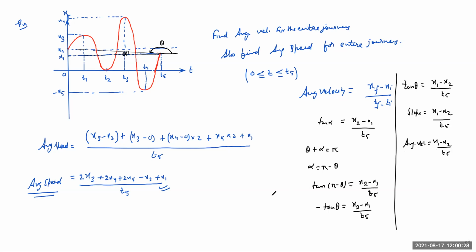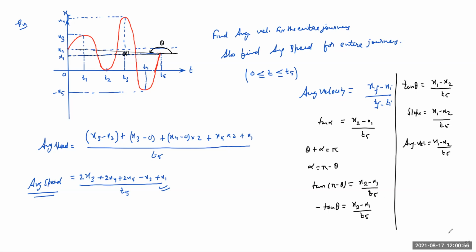So even graphically it's coming the same, but the graph is not required. Now the slope is always tan of that angle which the line makes with the positive x-axis. So tan theta is the slope, not tan alpha. Tan alpha is not the slope. Or you can simply say minus tan alpha is the slope. Up to you.